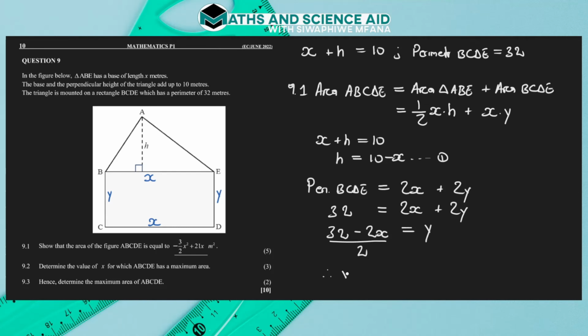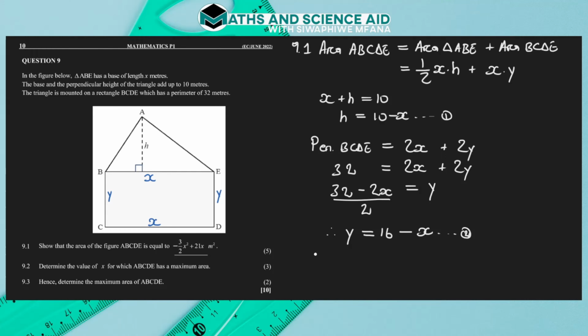So this simply means that y equals 32 over 2, which is 16, minus 2x over 2, which is x. And we will just call this equation number 2. And now, obviously, our next step is to simply substitute equation 1 and equation 2 into our current expression for the area of ABCDE.